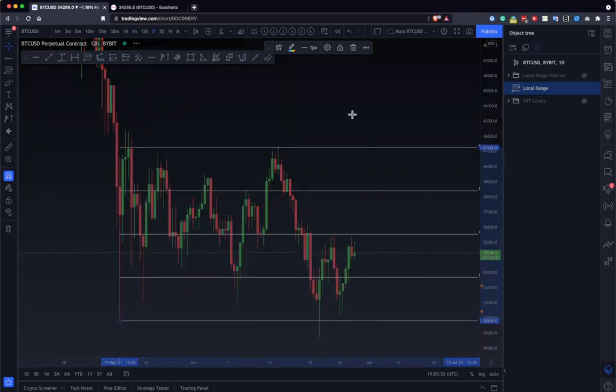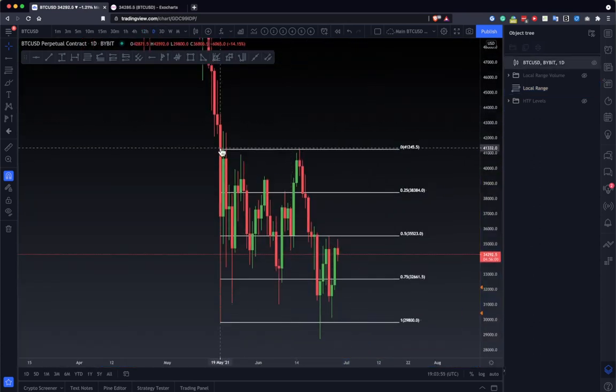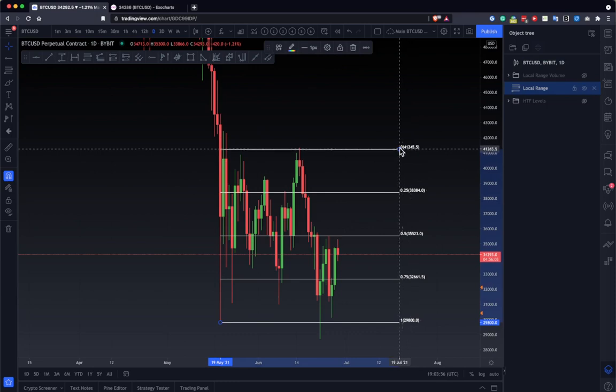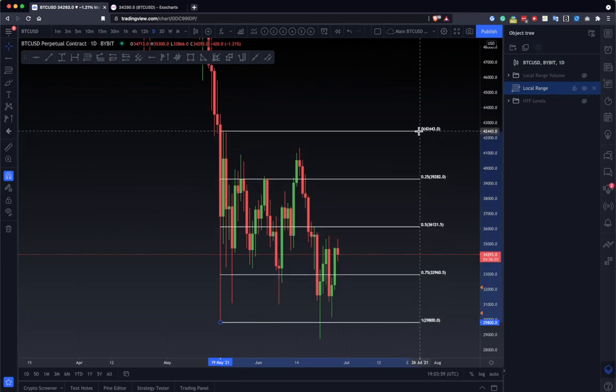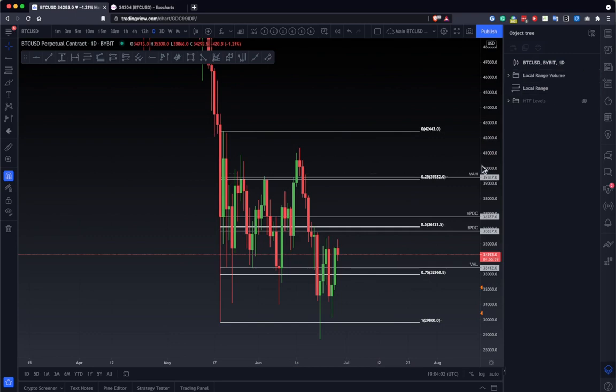So if we align these two, let's see. Just value area high, value area low are very close. We'll get back to this.